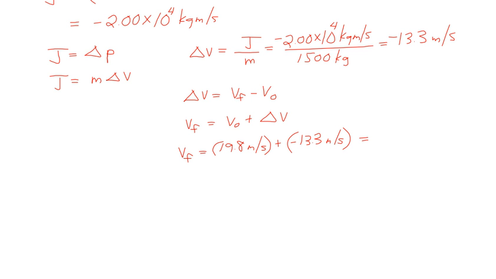If we solve that, 19.8 minus 13.3 is 6.5 meters per second. Not three. I didn't write it to three significant digits. These numbers were to three significant digits, but that's what I get. Any questions? Okay, so that was an impulse problem.